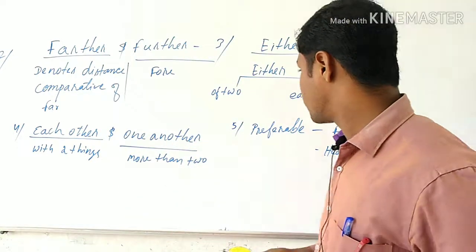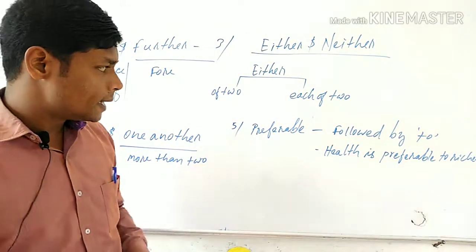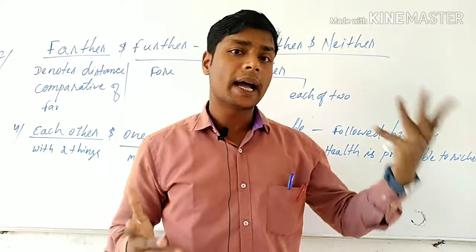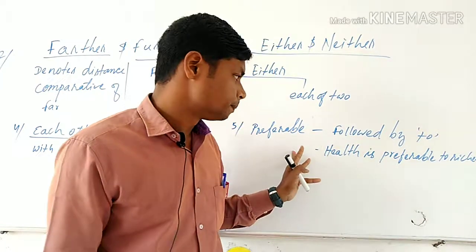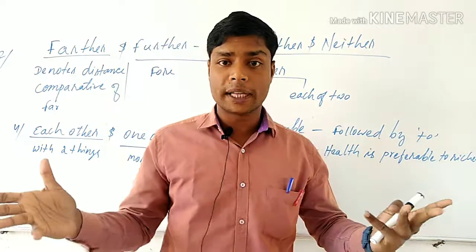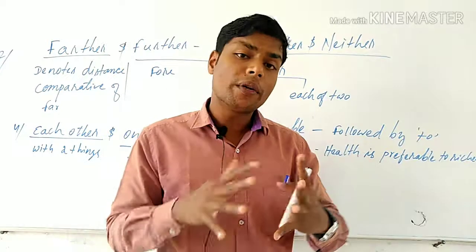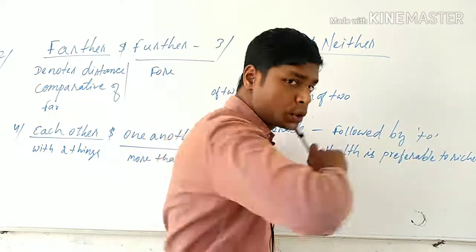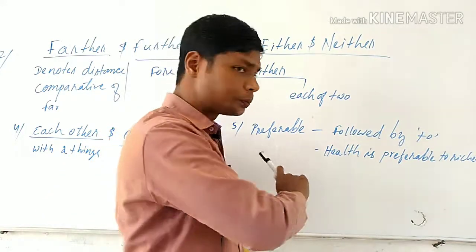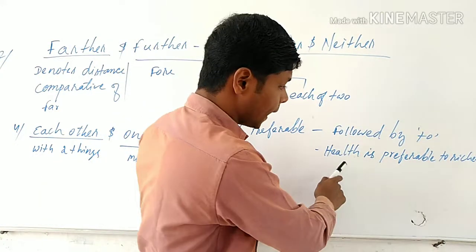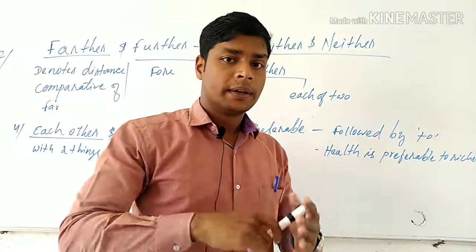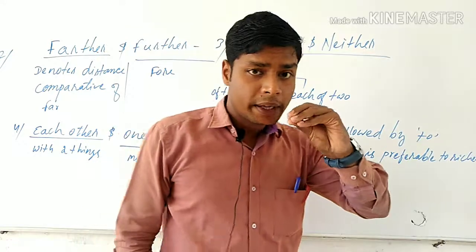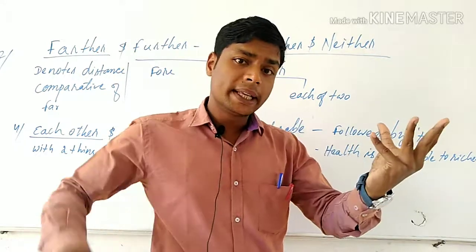Now let's come to preferable. Preferable is an option, where you value something more than the other thing. That time we say prefer. We say I prefer tea to coffee. That means I like tea more than coffee. So here, preferable is followed by "to". It always takes "to": preferable to. So health is preferable to riches. We say that. Thus preferable means we are giving importance to one thing over the other.